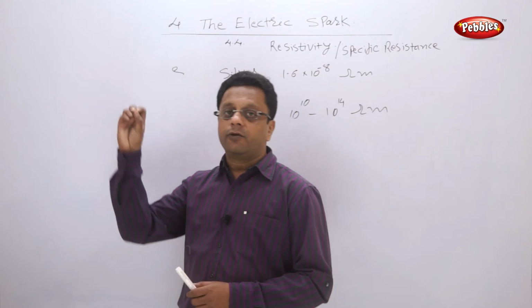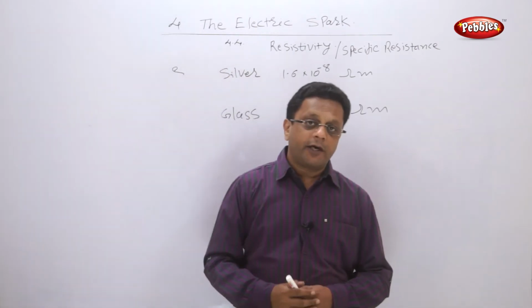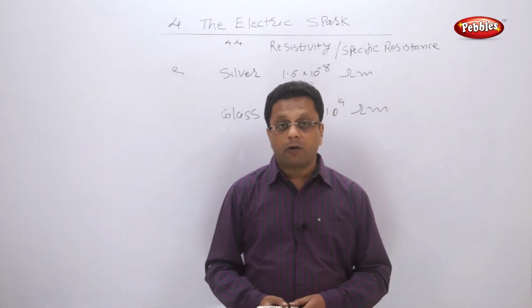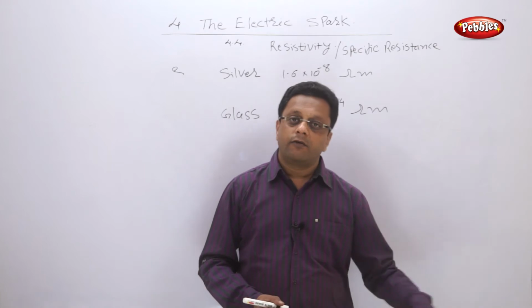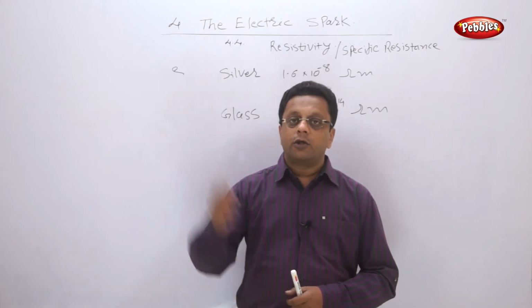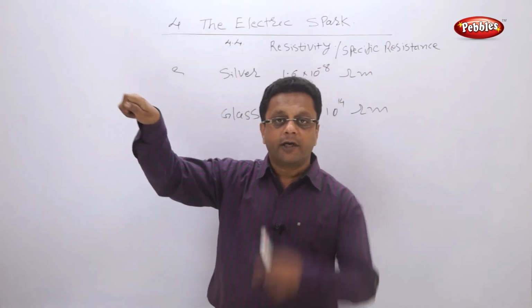Whenever you handle electrical circuits at home, your electrical points are at very high potential and your ground, generally called earthing, is at very low potential. But suppose you take a nail, put it into the socket and switch on the button.